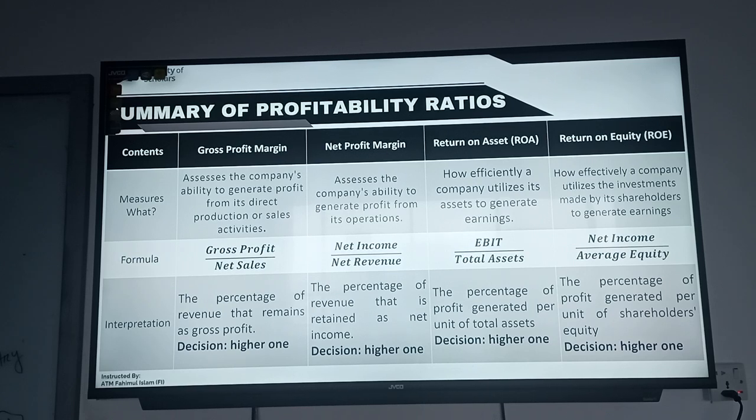We just simply deduct all the expenses from gross profit and we will get the net income. Net income equals gross profit minus operating expenses, meaning operating expenses, taxes, interest, everything. Then we will divide it by net revenue or net sales, which is the same.